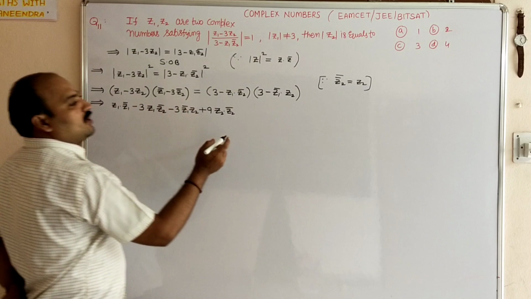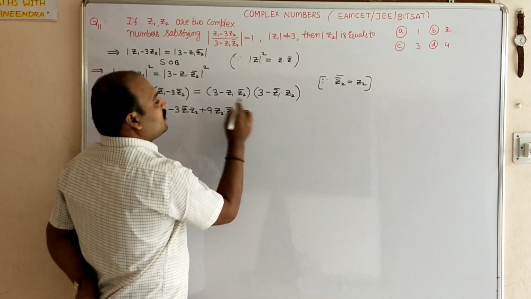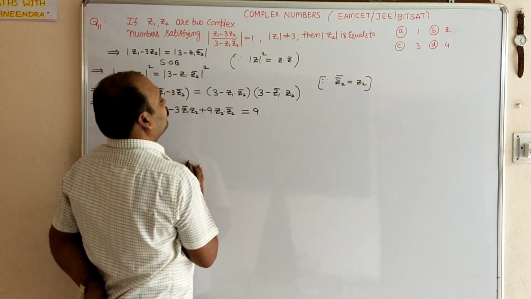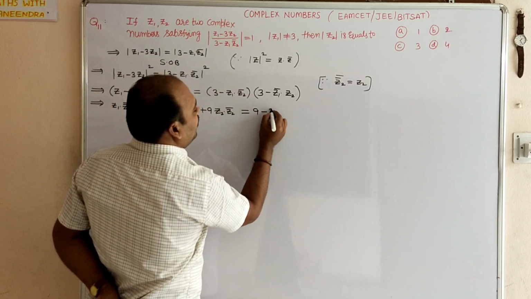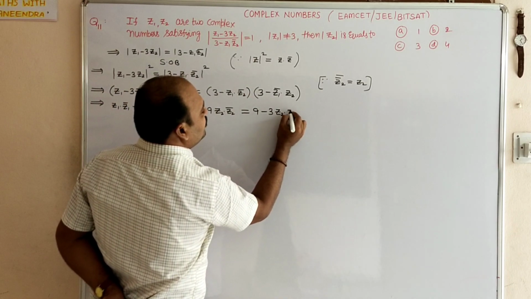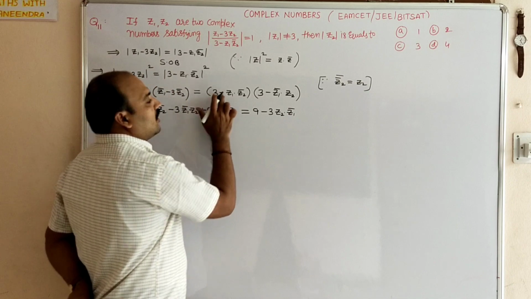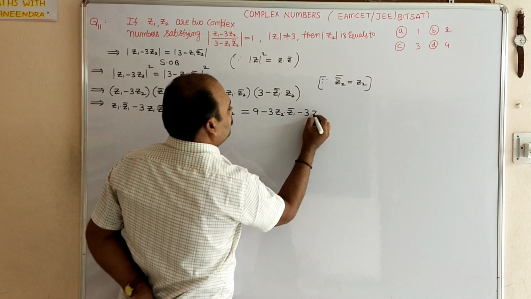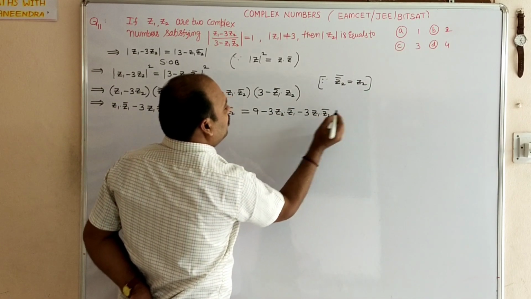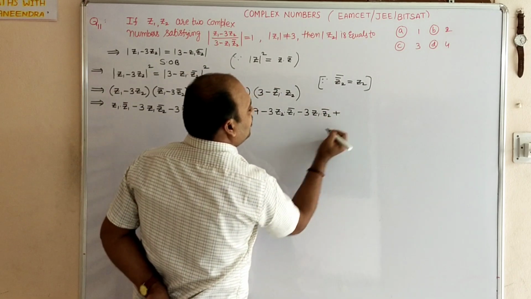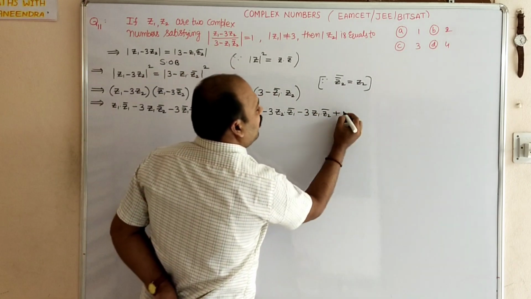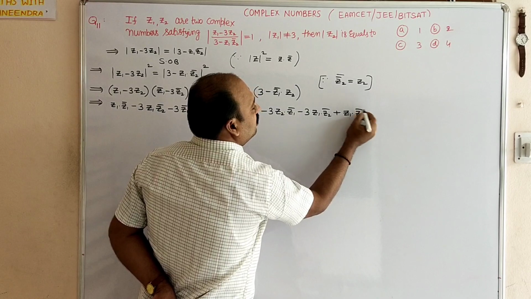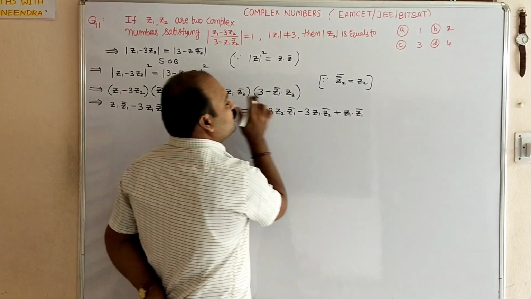So this side multiplication is over. Equal to 3 3s are 9, 3 into minus 3 into Z2 into Z1 bar, minus 3 into Z1 into Z2 bar, minus into minus plus Z1 into Z1 bar, like this, Z2 into Z2 bar.